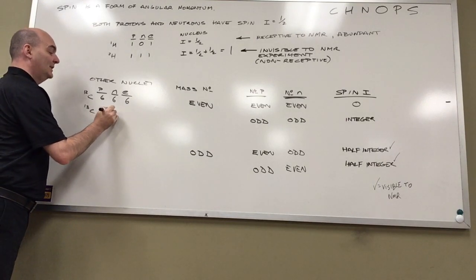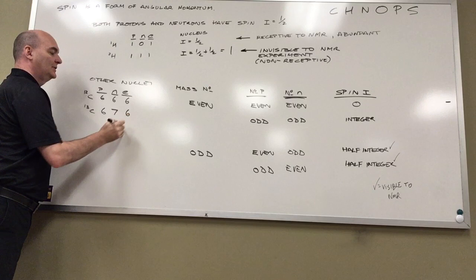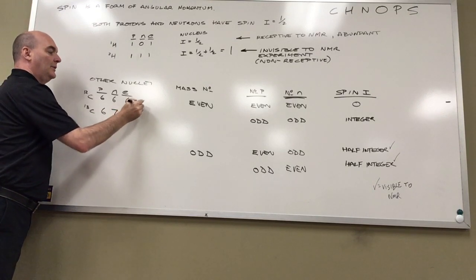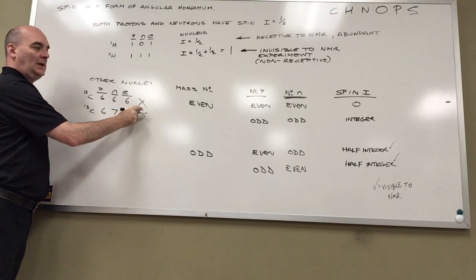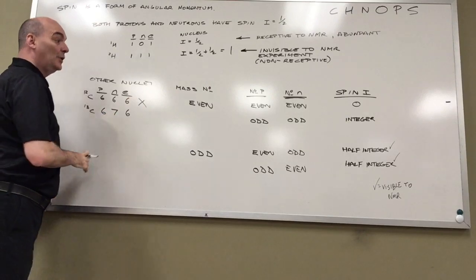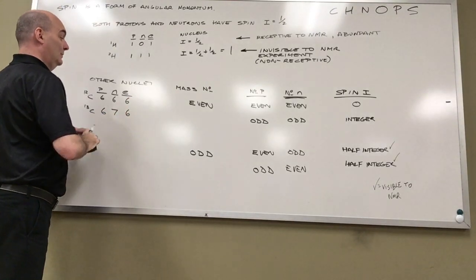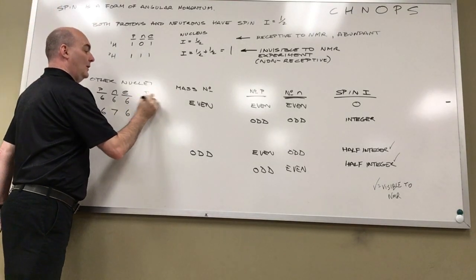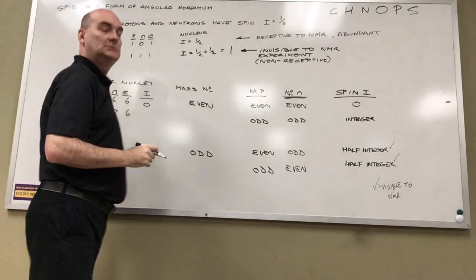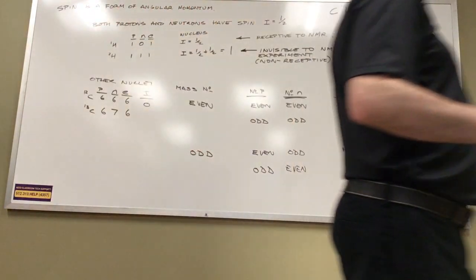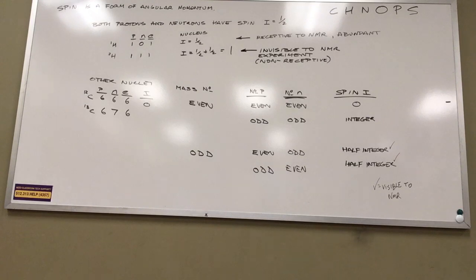This one gets to be 6, 7, 6. Carbon 12 is going to be spin 0. So that's like off. The spin of carbon 13 is spin half.